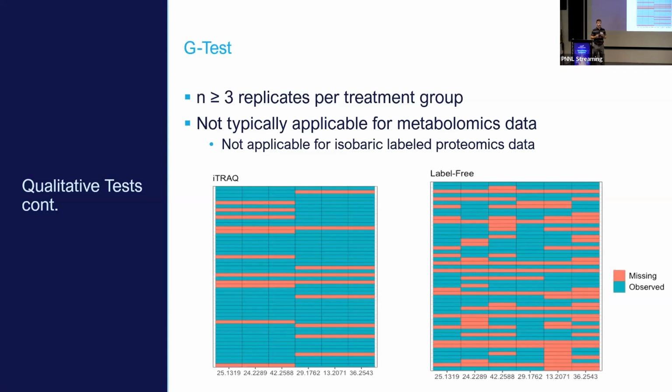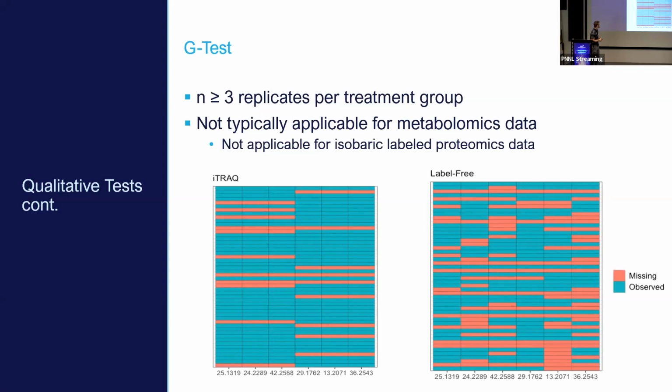In comparison, it isn't applicable for isobaric labeled proteomics data. And that's just because of the way that missing values are found within isobarically labeled proteomics data. So if we look at the label free, we notice that there doesn't seem to be any kind of pattern with where observations are being found or not found.